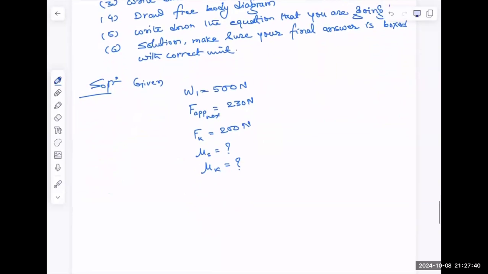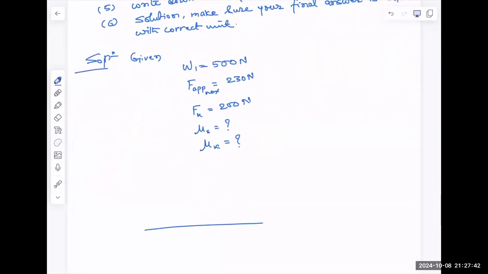Now let's draw the situation of the case. I have this surface. I have this block. Oh my goodness, let me do this. Come on, make it a rectangle.